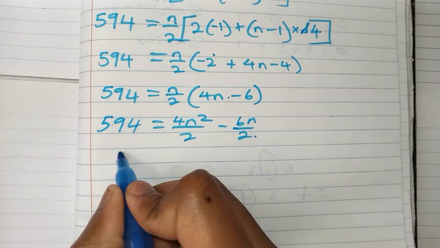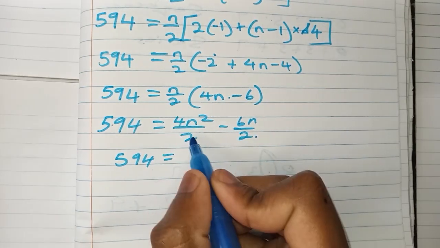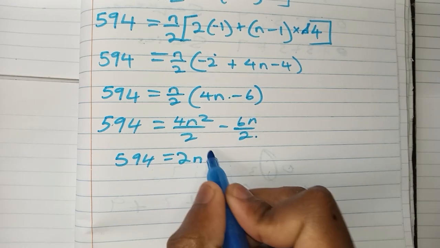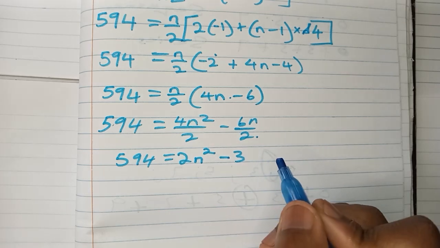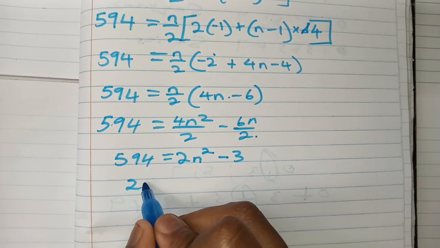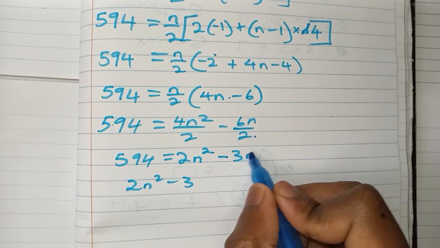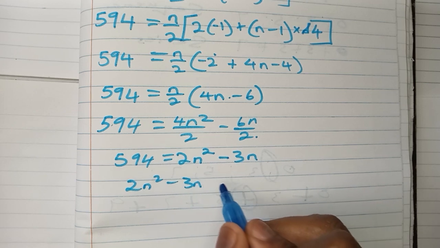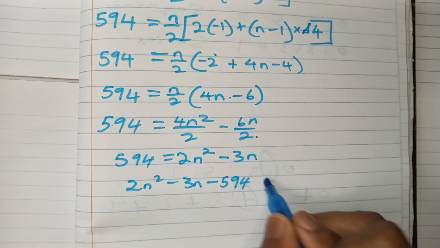So we are going to say 594 is equal to, this is going to cancel, so it's going to be 2n squared minus 3n. And now we have something like this: 2n squared minus 3n minus 594 is equal to 0.